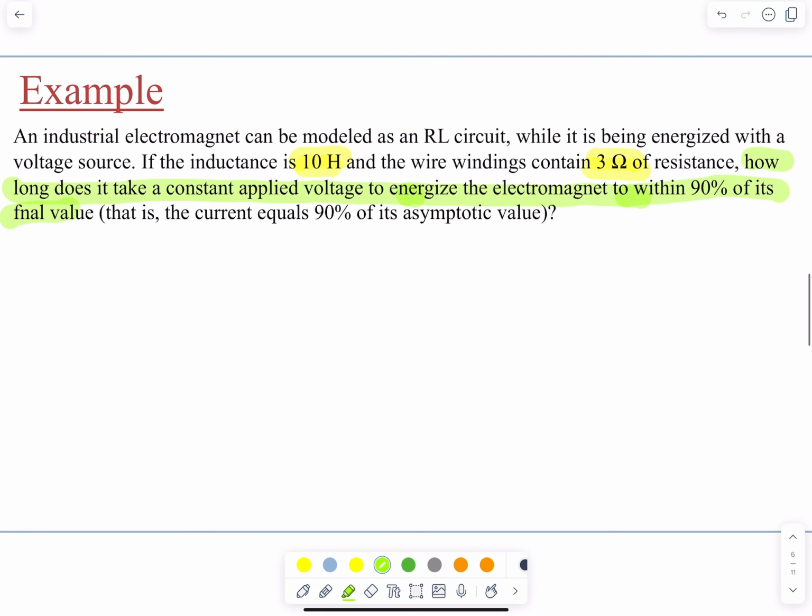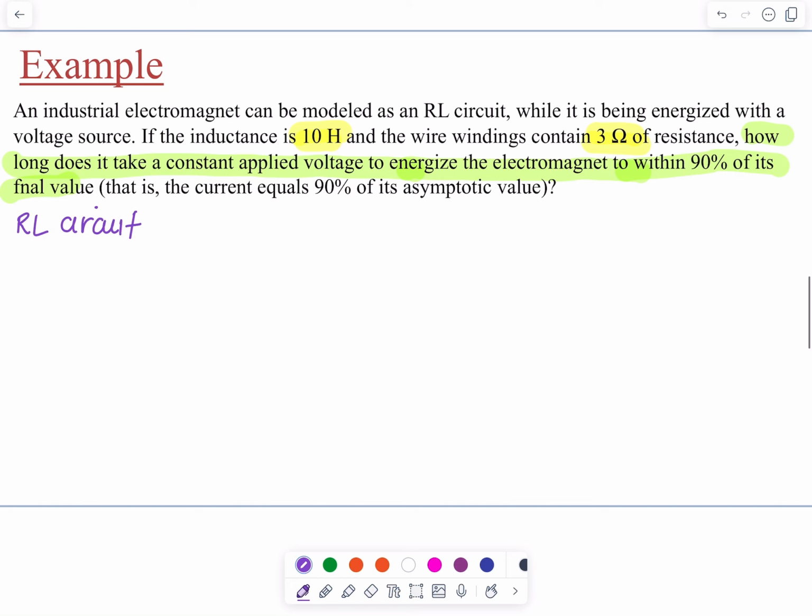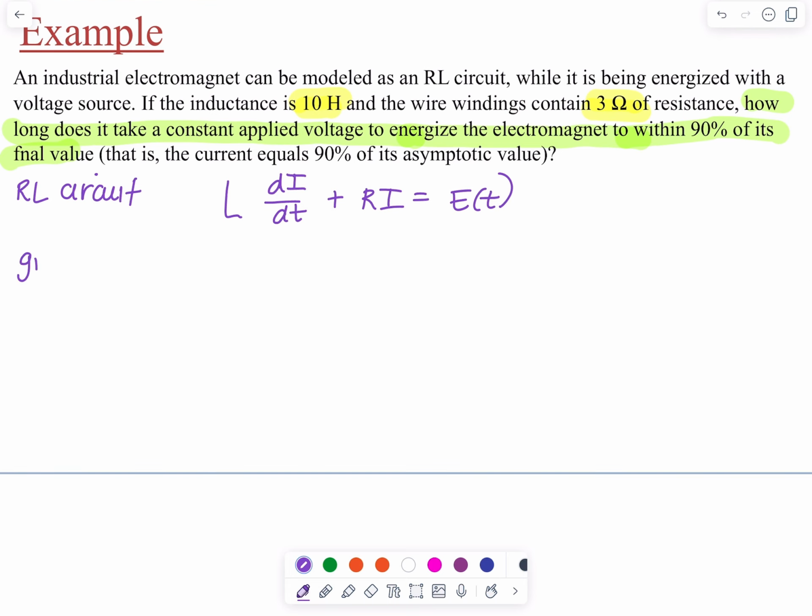So let's go ahead. We have an RL circuit here. And let's go ahead and write our equation. L di dt plus Ri is equal to E of t. And of course, we're going to be using our given solution to that differential equation.